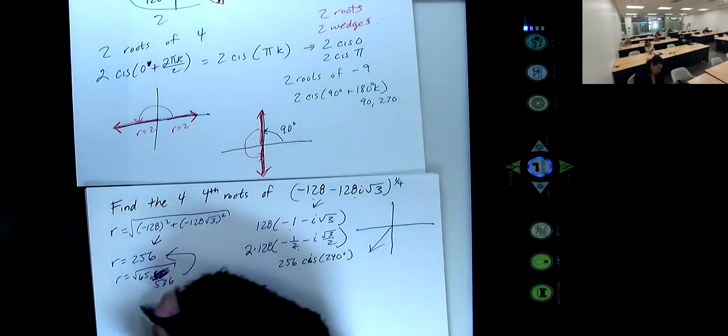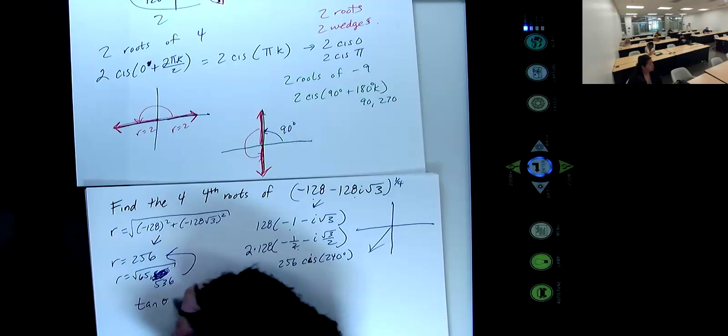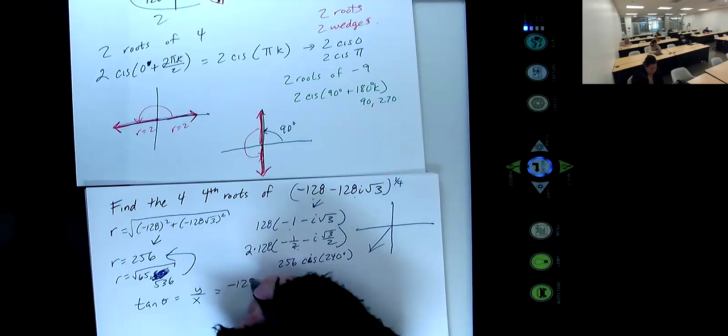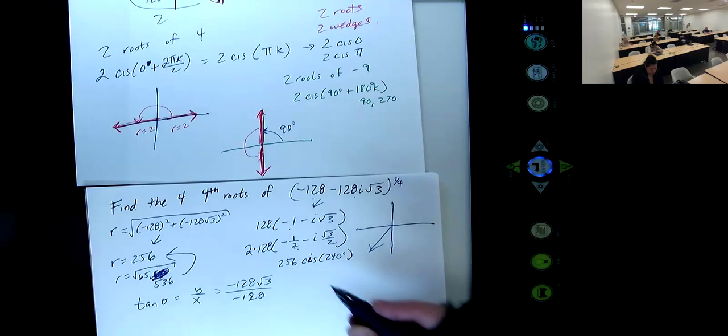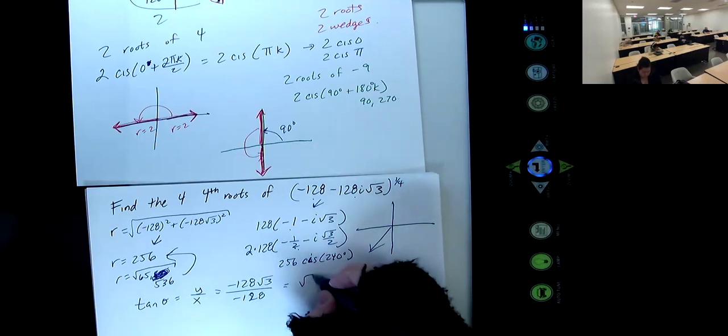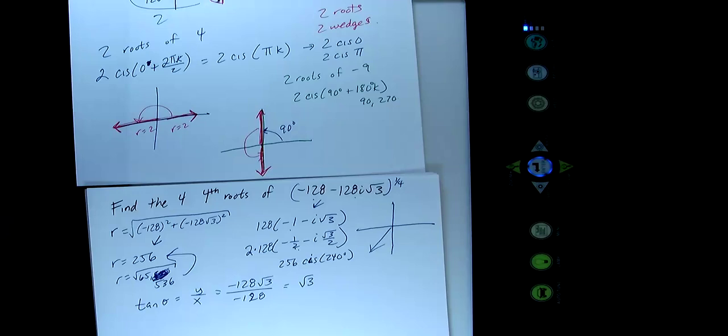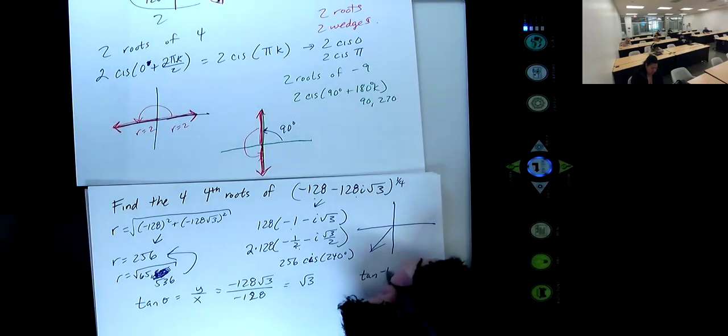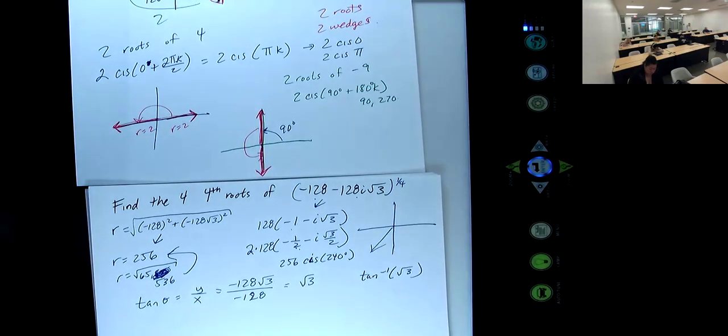Make sure I get that angle, I've got tangent theta equals y over x, negative 128 root 3 over negative 128, which is positive root 3. So if I did tangent inverse of that, I'm in degree mode, I need to switch to radians.